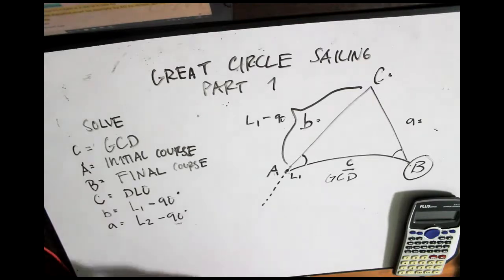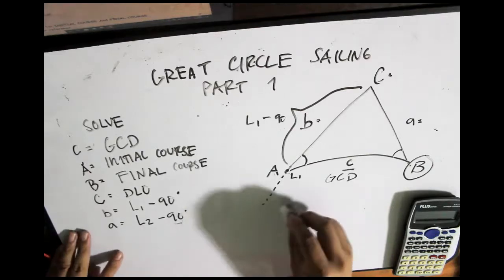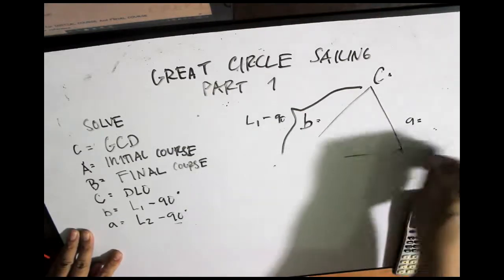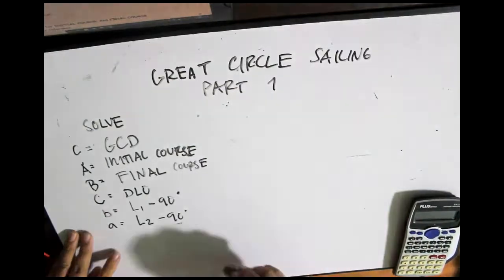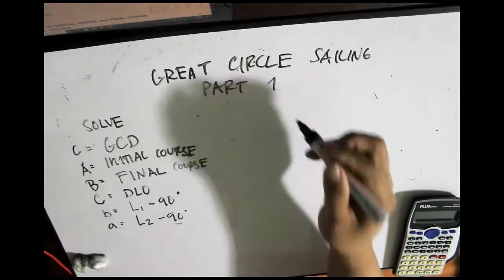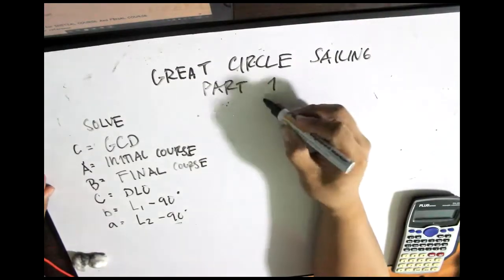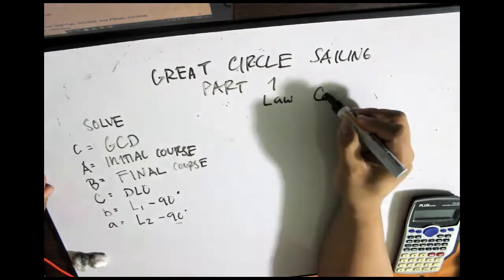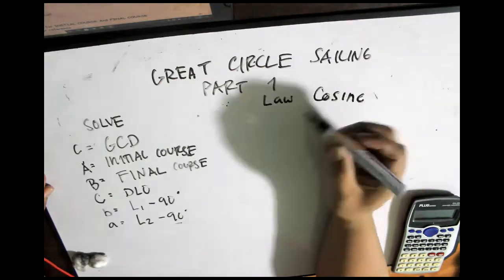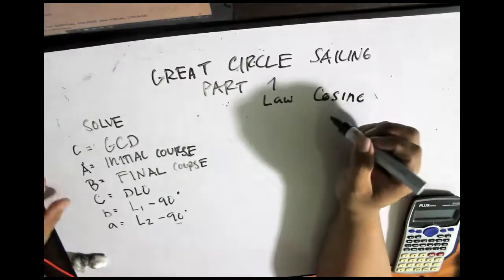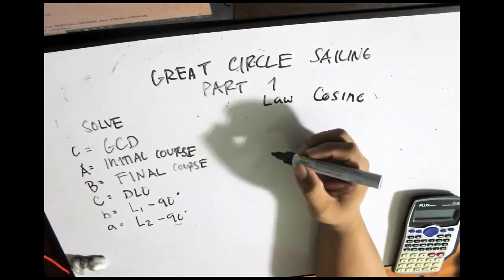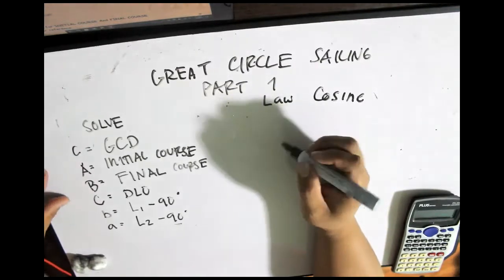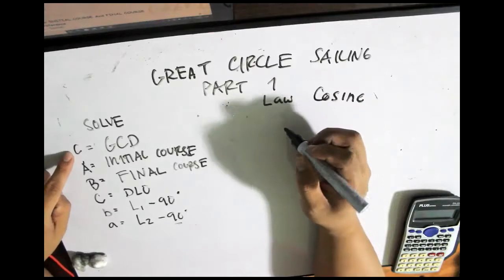So now, how to solve for the great circle distance, no? By using the law of cosines. Okay? Now, to solve for the distance using law of cosine, gagamit tayo ng cosine law, which is we are solving for the side c, na small c.